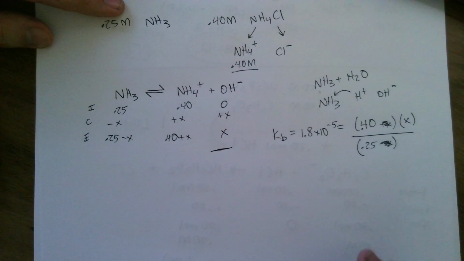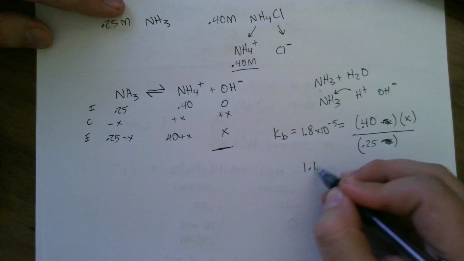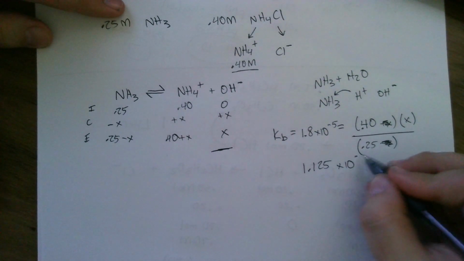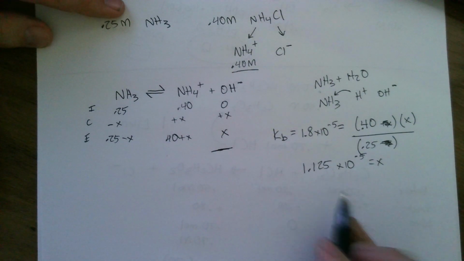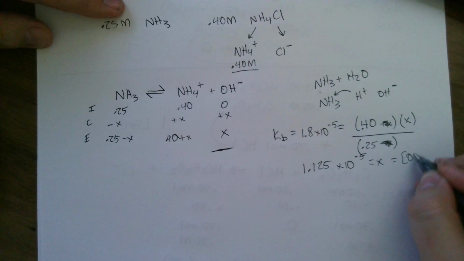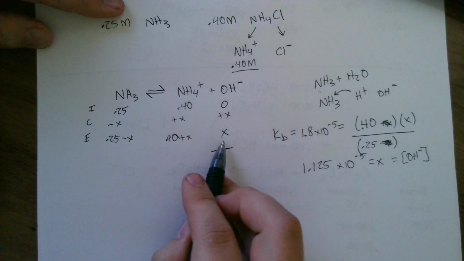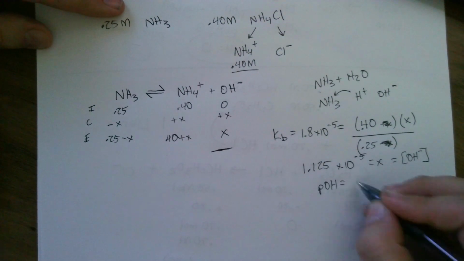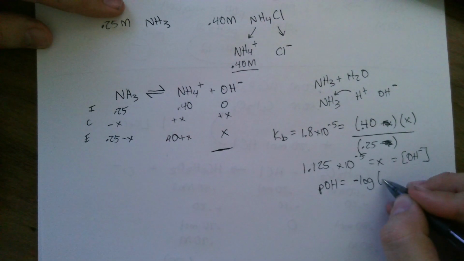Solve for this X, and I'll get the answer. When I do that math, I get 1.125 times 10 to the minus 5 equals X, which is my concentration of OH minus, because that's what X equals here. Use that to find pOH. It's the negative log of this number.